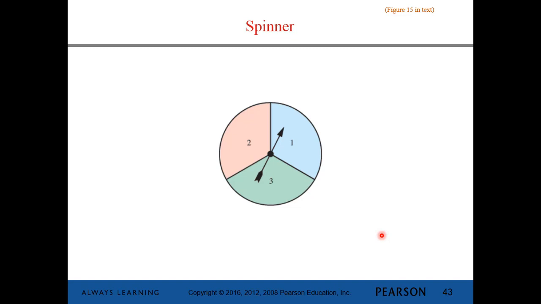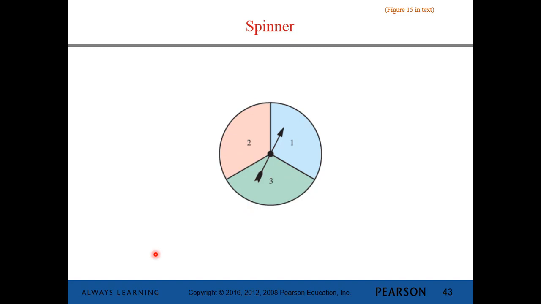Now, in this experiment, every time we spin the spinner is called a trial. And each trial can result in one of three outcomes. We could either get a 1, a 2, or a 3.